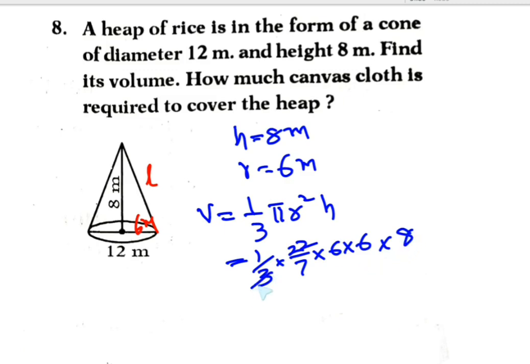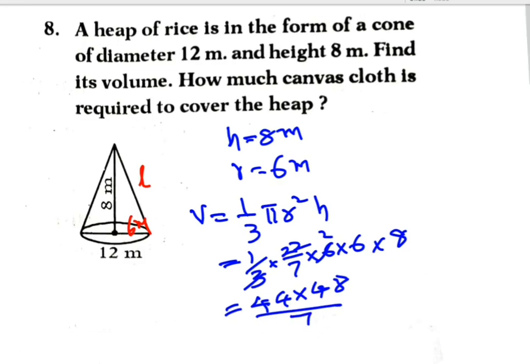And here 3 2s are 6, 22 into 44 into 48 by 7, this equals 301.71 meter cube. The volume of the cone is 301.71 meter cube.